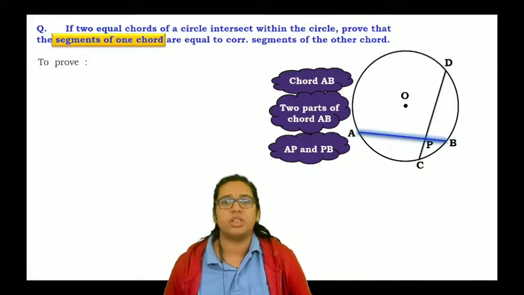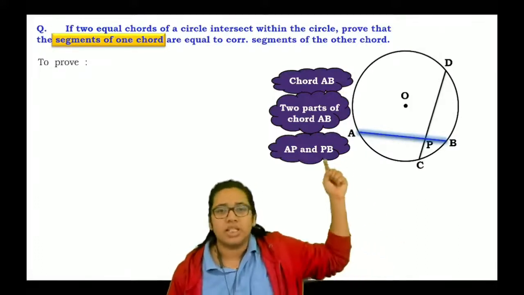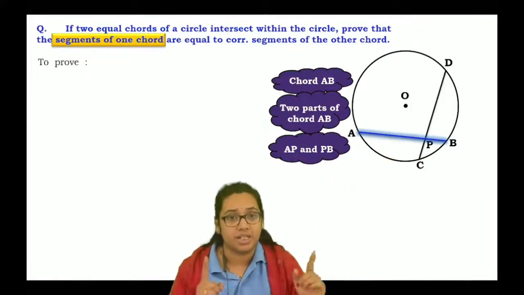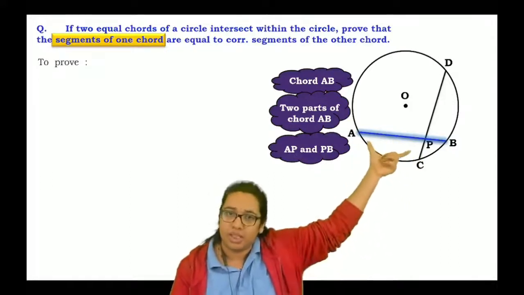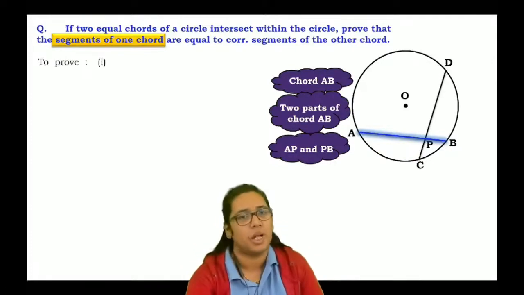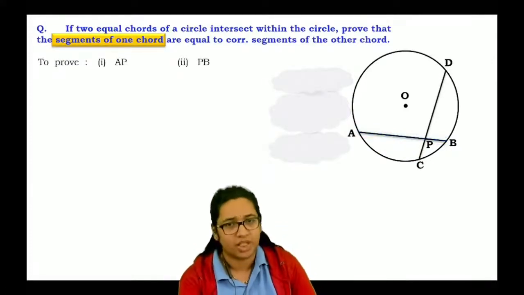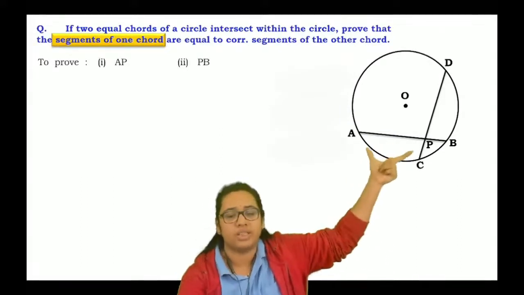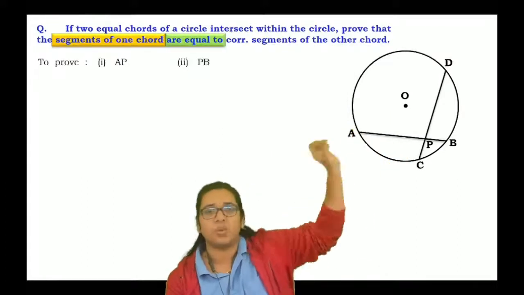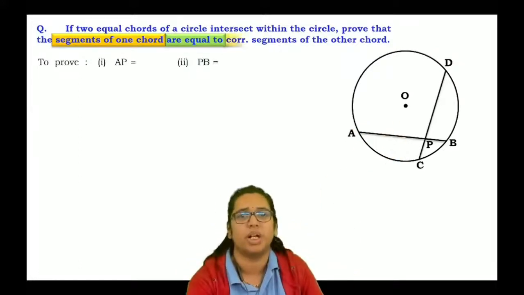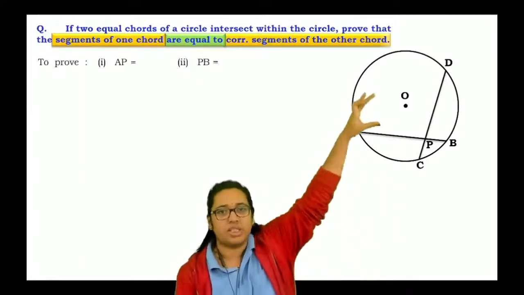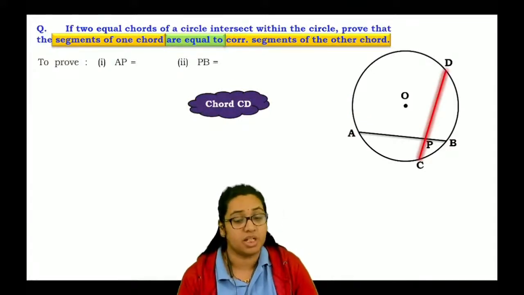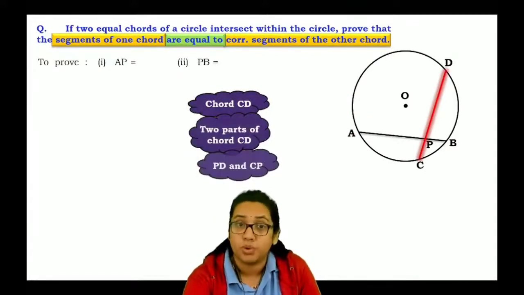To make it easy, we assume that because of this point P, the greater part of the chord will be AP and the smaller part will be PB. Correct? Similarly, whichever is the greater part of AB, its corresponding part in CD will also be the greater part, which is PD or DP. Getting this? Is this understandable? You have to prove that these are equal.